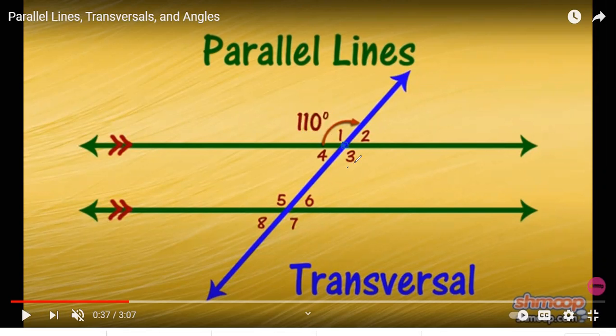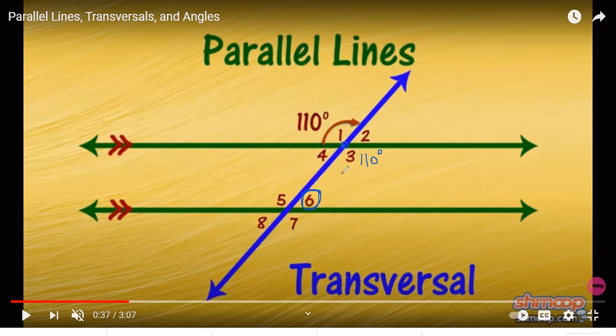Then if I want to calculate 3, what is the relation between 1 and 3? 1 and 3 are vertical angles. So we can say that this angle now equals 110 degrees. What about if I'm looking for angle 6? We will try to find a relation between 6 and any other angle. Is there a relation between 6 and 110 at the top? No, it does not belong to the left.